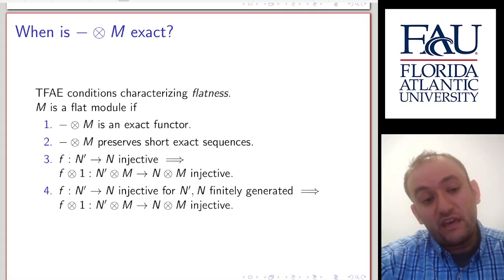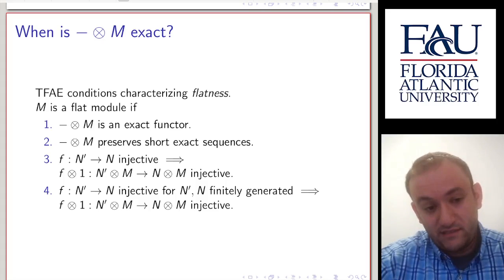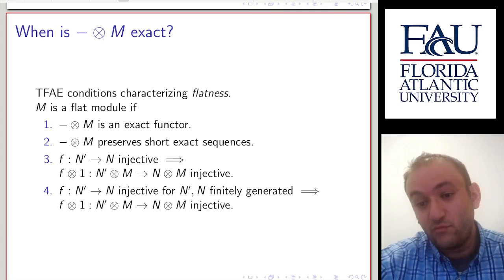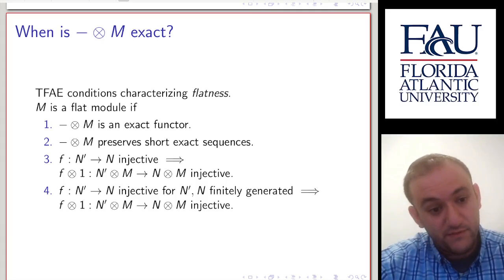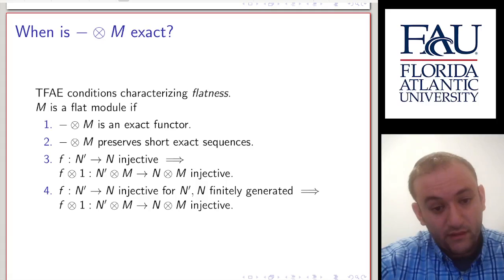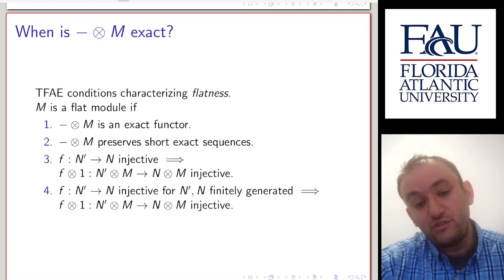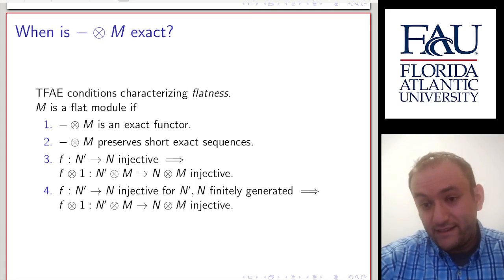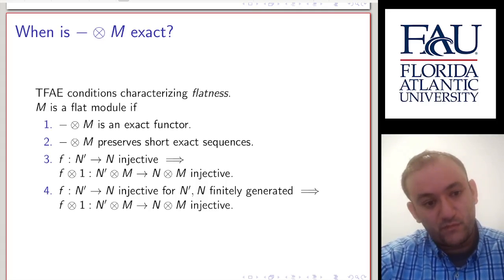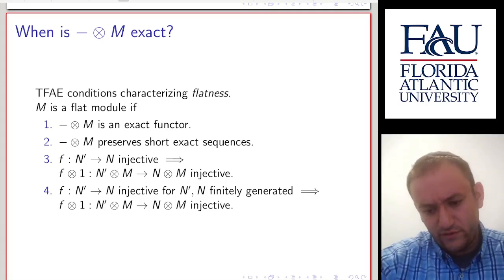It's also enough if the tensor functor takes injective morphisms to injective morphisms. And it's even enough just to do that for finitely generated modules. Okay, so let's go through some of these equivalences.